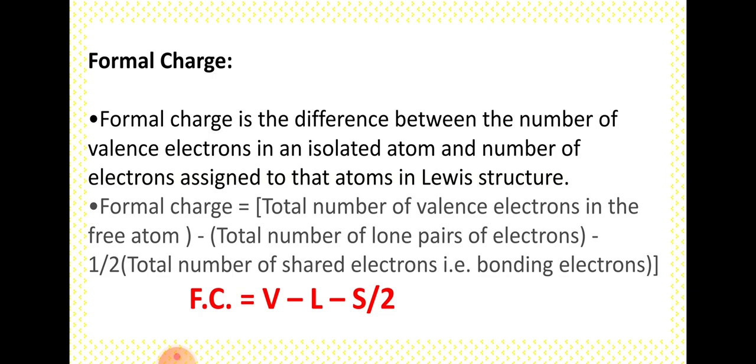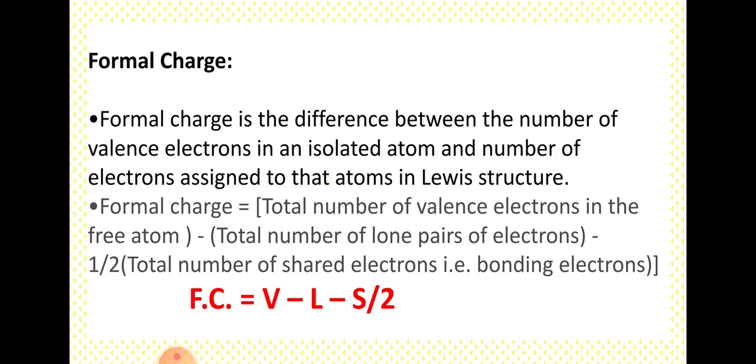There are simple steps by which we calculate the formal charge. Number 1, first we have to write the Lewis dot structure. No atom should have more than 8 electrons around it, except hydrogen, which will have 2 electrons. Next step, the shared electron pairs are shared equally by the combining atoms.